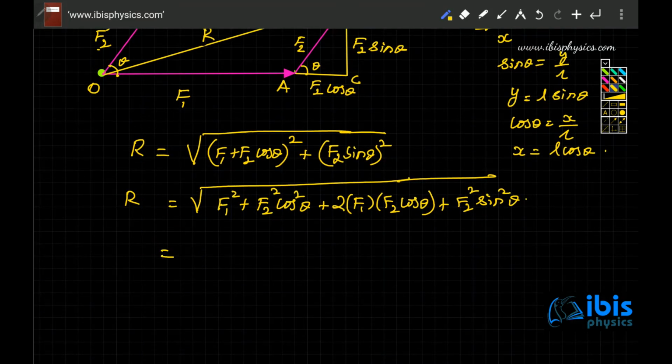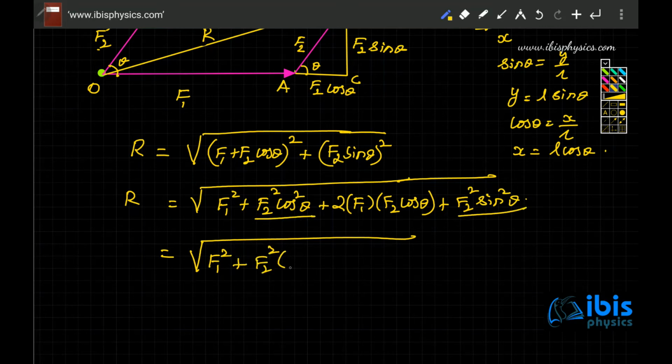Then this is equal to the root of f1 square plus f2 square cos square theta plus f2 square sine square theta. If you take f2 square out, cos square theta plus sine square theta, plus 2 f1 f2 cos theta.